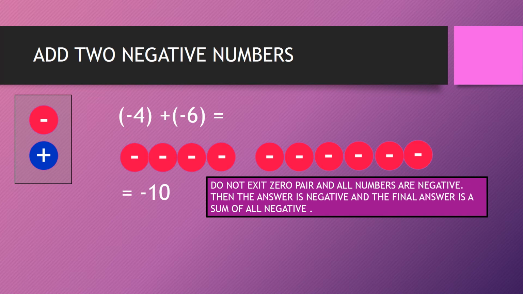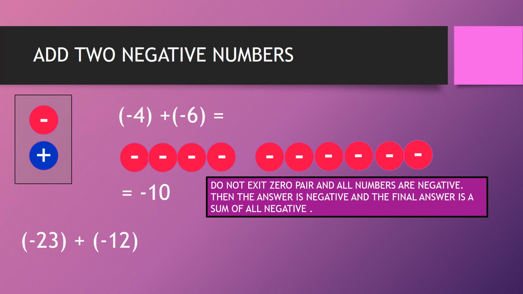I had 4 negative circles and 6 negative circles. How many red circles do I have now in this situation? I have 10 red circles, and the red circle represents the negative value. Then my answer is negative 10.